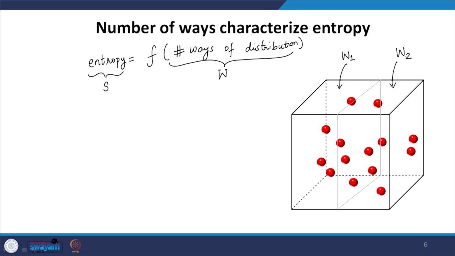So, now if you think of it, the total number of ways must be the number of ways in the first half multiplied by the number of ways in the second half, right.